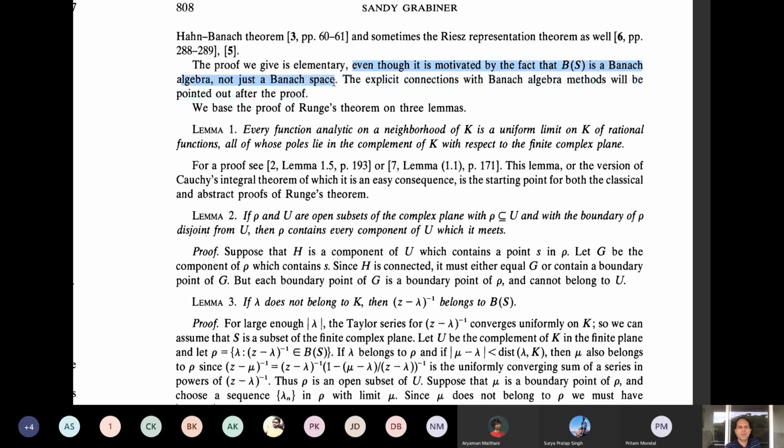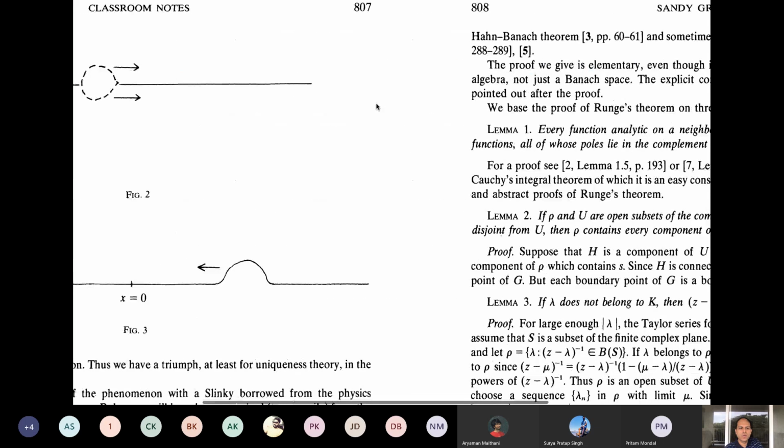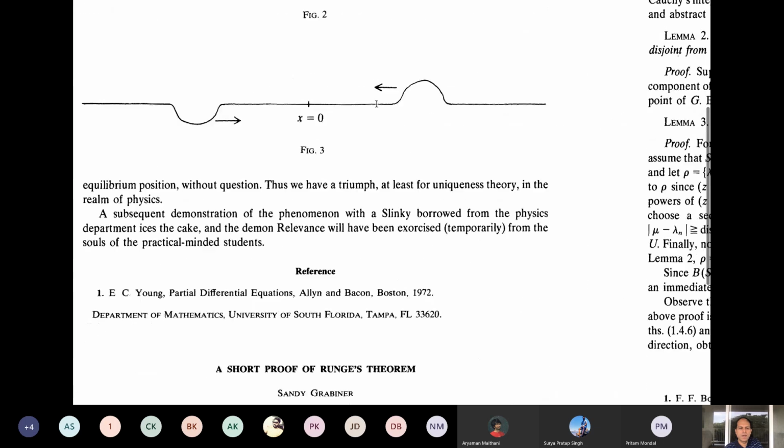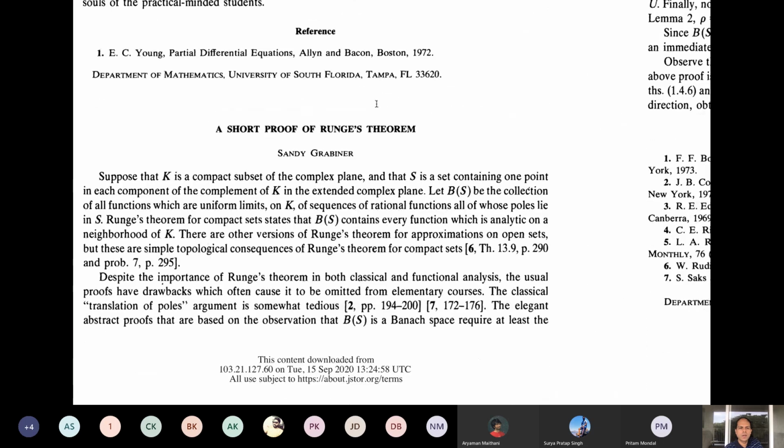It is motivated by the fact that the space that we are considering, what we have written CK. No, is it CK? This BS may not be CK. Okay, so I haven't read this paper yet. I will read it just before the next class.